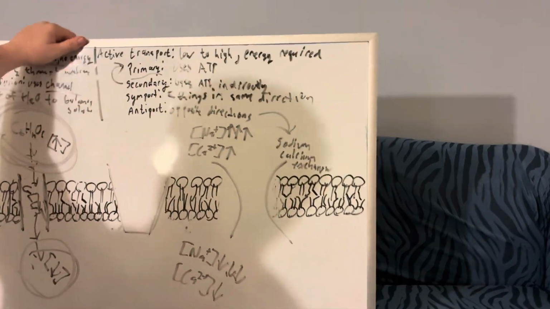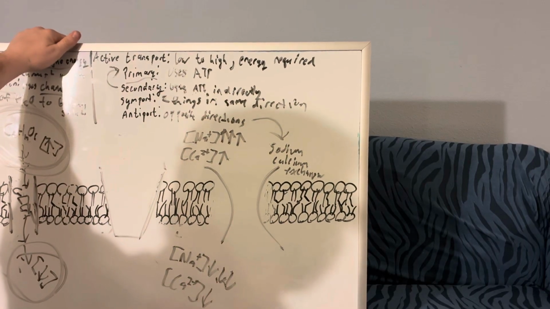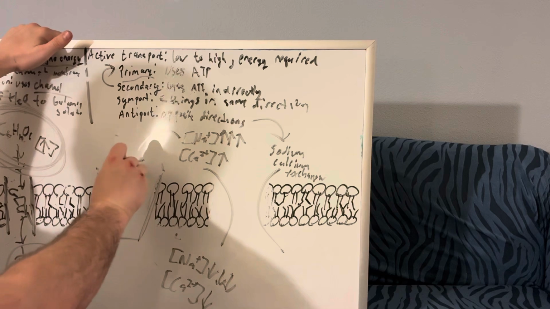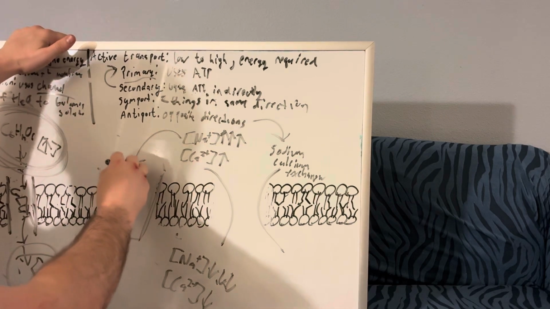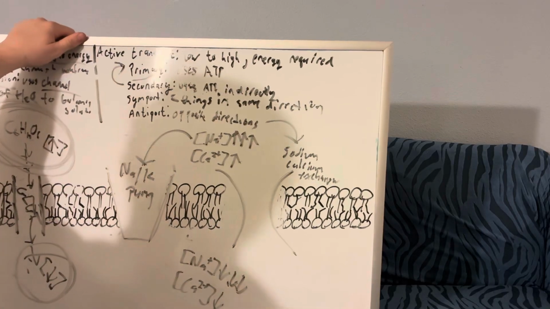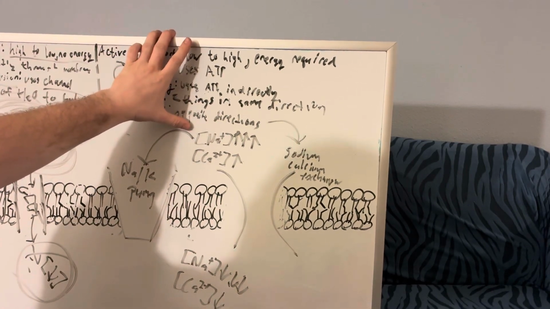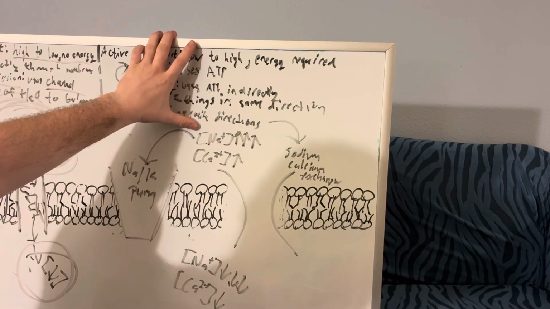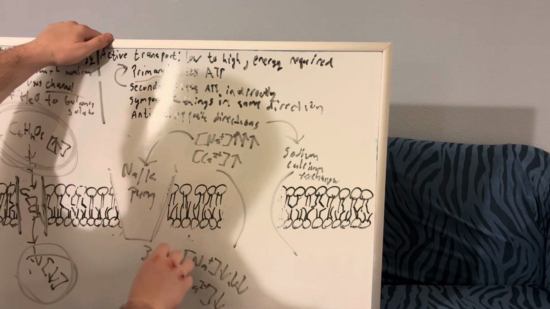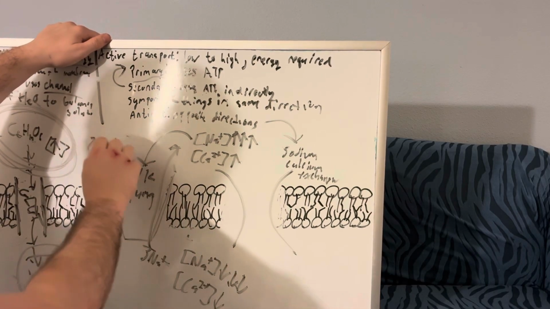But if I were to ask you, why is sodium so high outside of the cell? It's because of the work that has been done by the sodium potassium pump. The reason that we have this gradient of sodium, and that it's so high in concentration outside of the cell, is because this sodium pump keeps pushing 3 sodiums out and taking those 2 potassiums in.